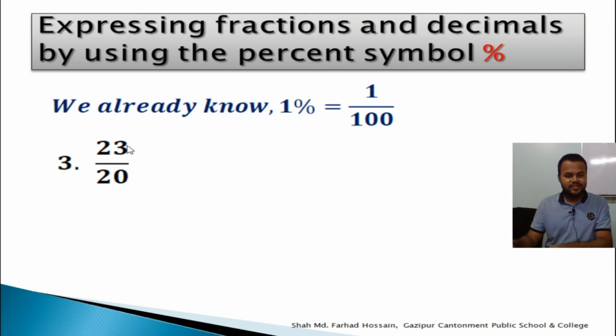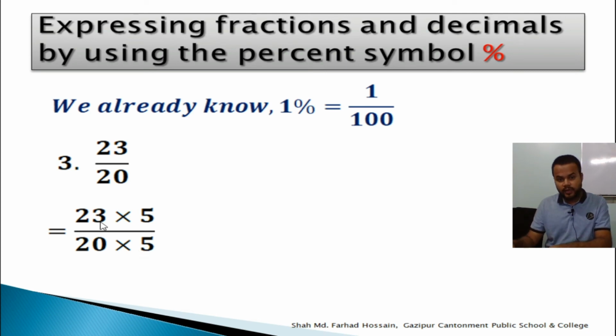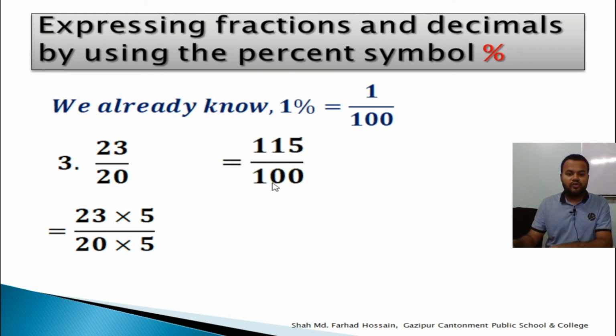So to convert this fraction, at first we have to convert 20 into 100. To convert 20 into 100, we multiply by 5. And we also have to multiply 23 by 5. 20 into 5 is 100, and 23 into 5 is 115.